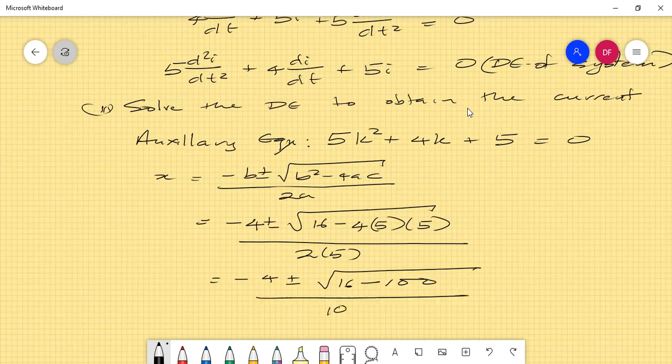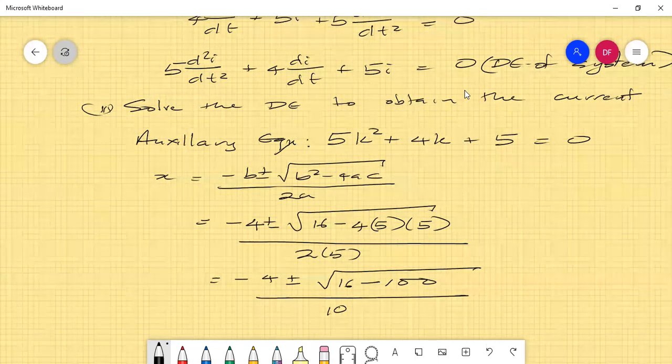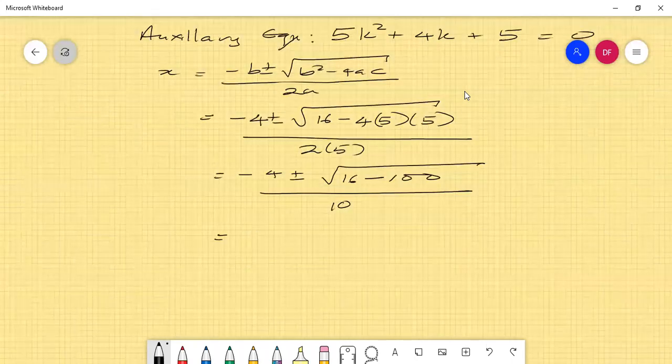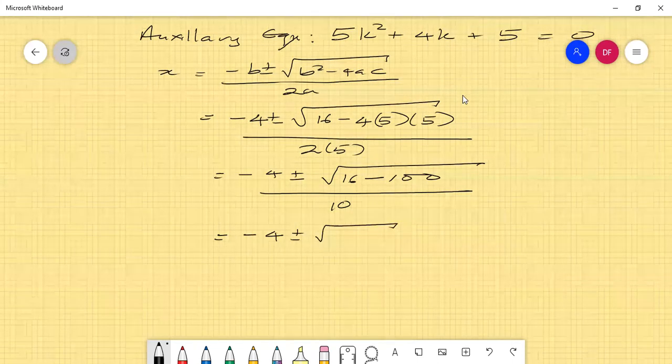Now this leads us to another little interesting problem. So this is going to be minus 4 plus or minus the square root of minus 84, over 10.